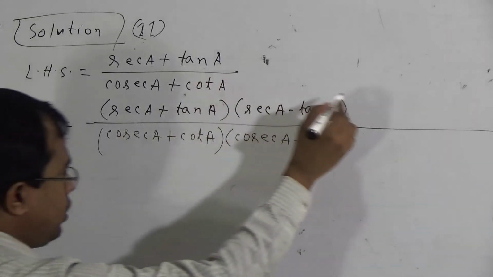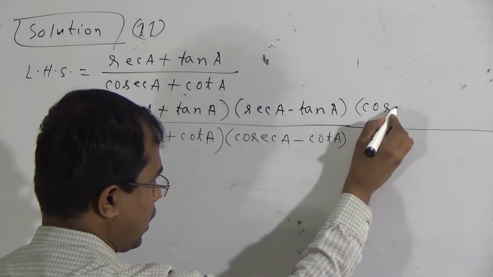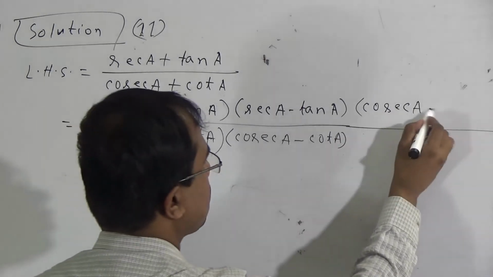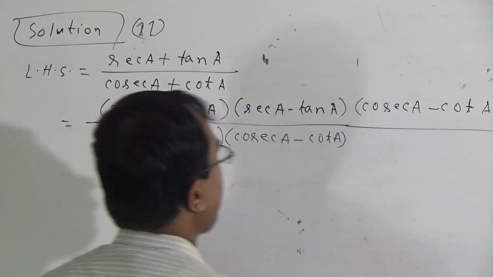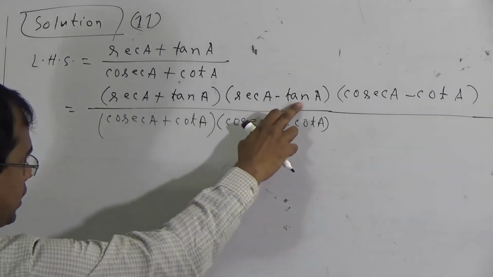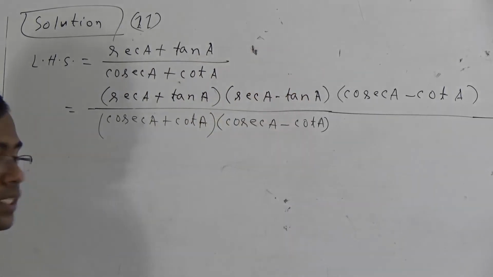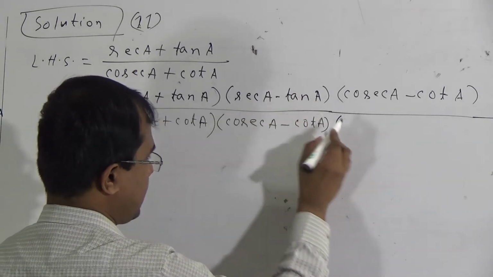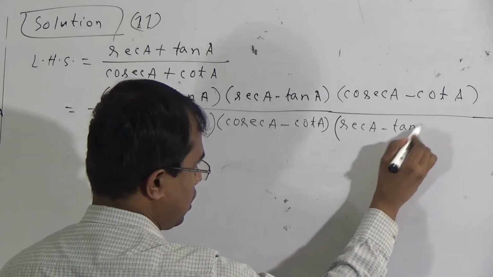So in numerators also we have to take this expression cosec A minus cot A. Here sec A minus tan A is not exist in numerator. We have taken this expression as extra expression. So in numerators also we have to write this expression sec A minus tan A.